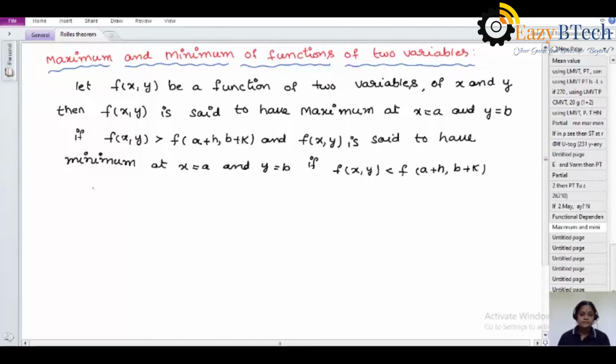So here h and k are very small arbitrary values.